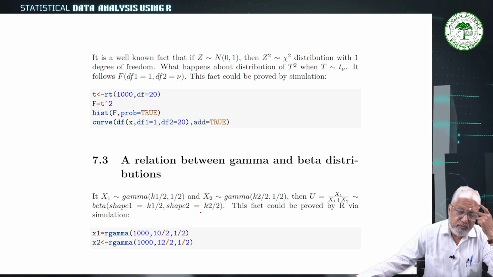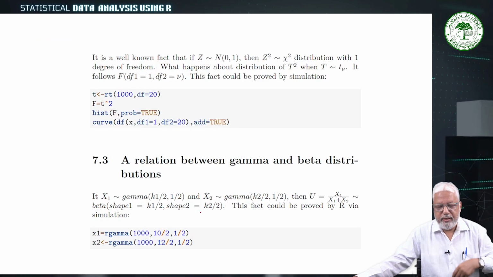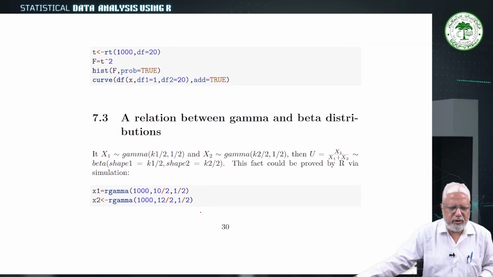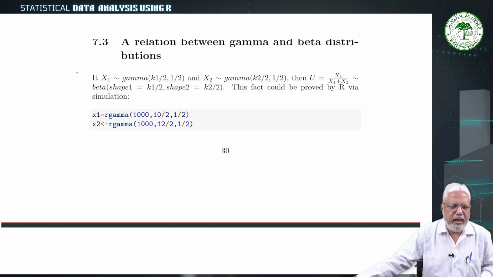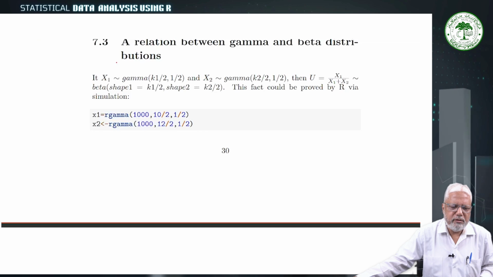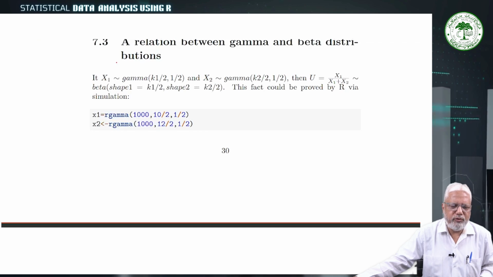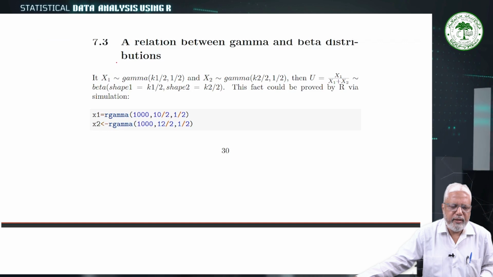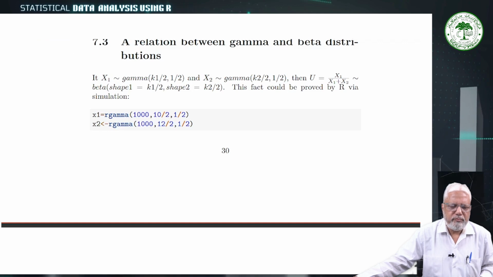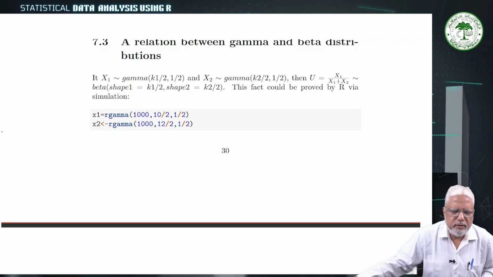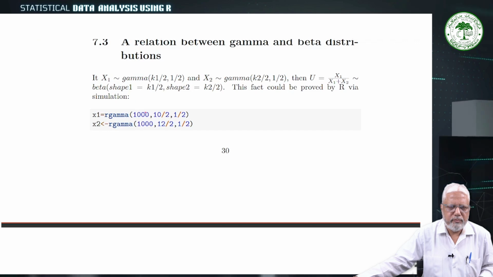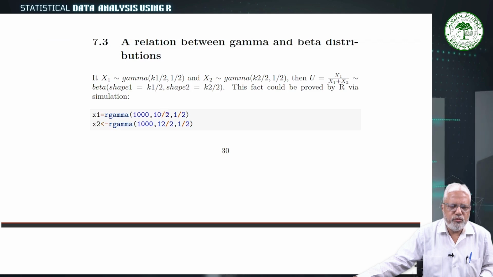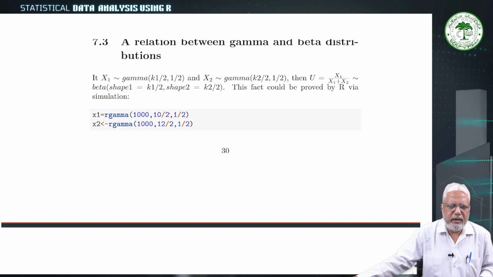This fact could be proved here by making simulations from gamma distribution. So these are the simulations. x1 is rgamma, 1000 random observations from gamma distribution with k1 degree of freedom, k1 is 10, so 10 by 2, and rate is half.